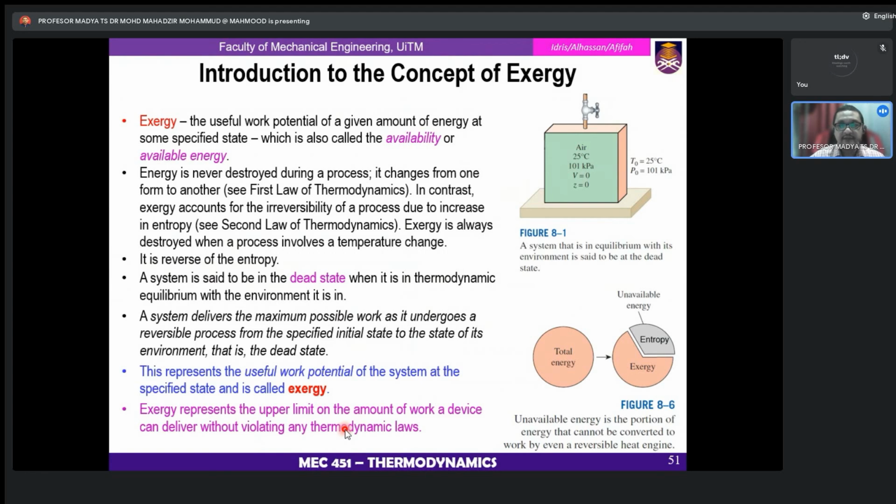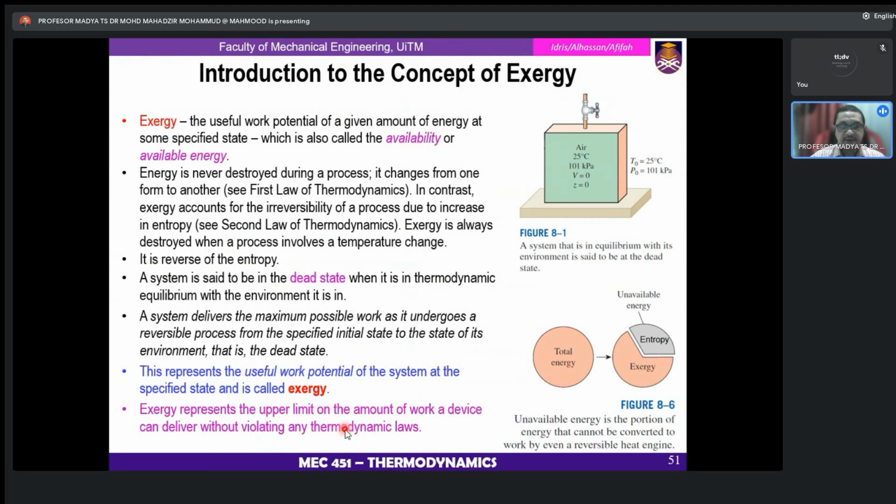The dead state is where a system delivers the maximum possible work as it undergoes a reversible process from the specified initial state to the state of its environment. That is called the dead state. This represents the useful work potential of the system at the specified state, and it is called exergy.